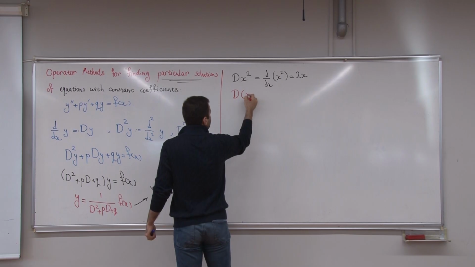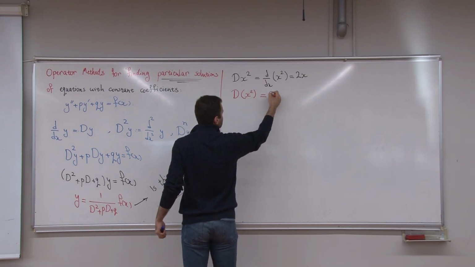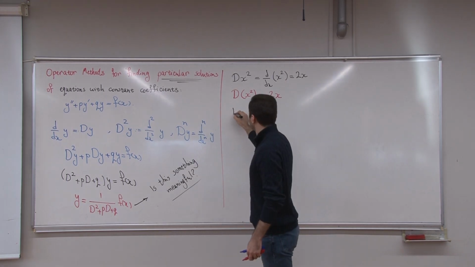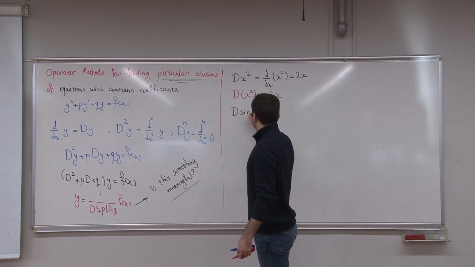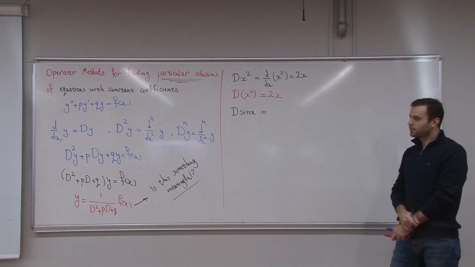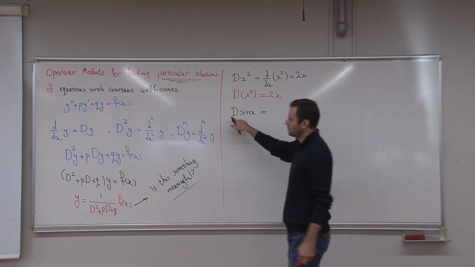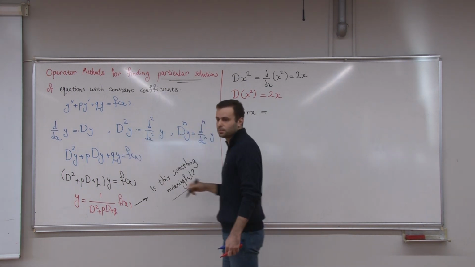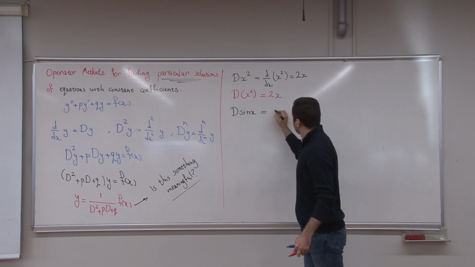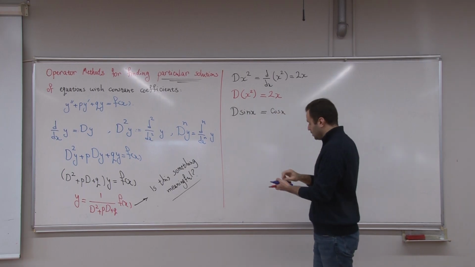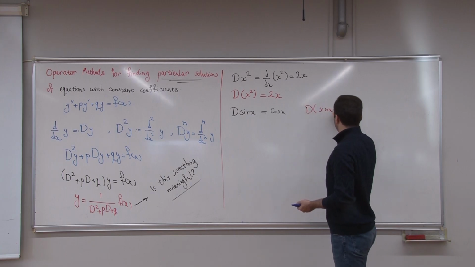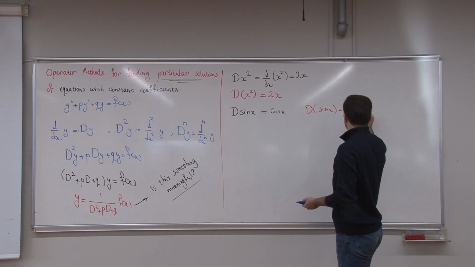D of x to the power of 2 is equal to 2x. Something else: D of sine of x. What is D of sine of x? If D is the derivative operator, D of sine of x equals cosine of x.